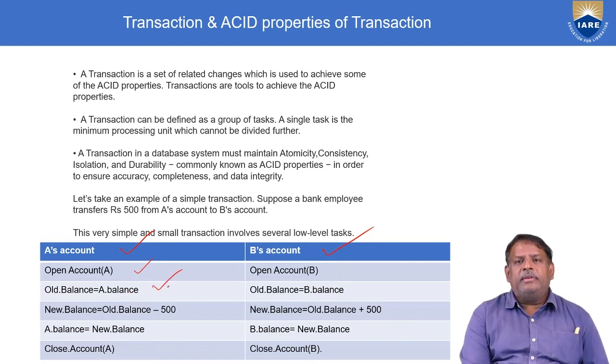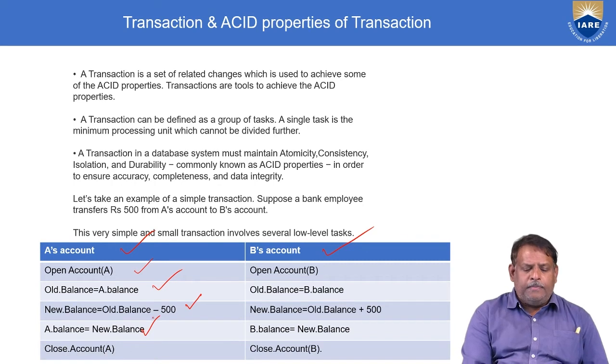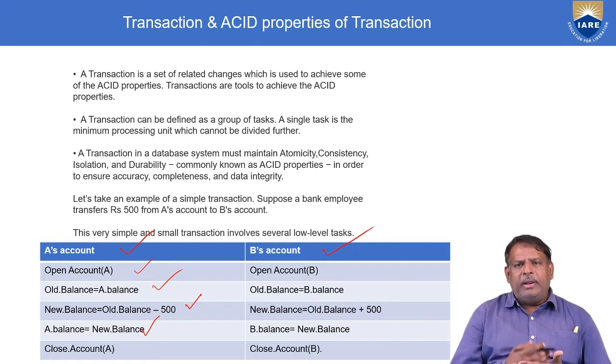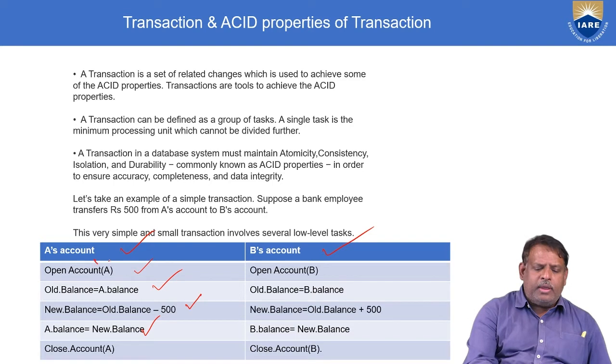Now he says the new balance is equal to old balance minus 500, because we want to transfer 500 from A to B. After that he says A.balance equal to new balance, and closes the account. So he's opening the account, checking the balance, subtracting 500, and after that updating the new balance. This is related to account A.